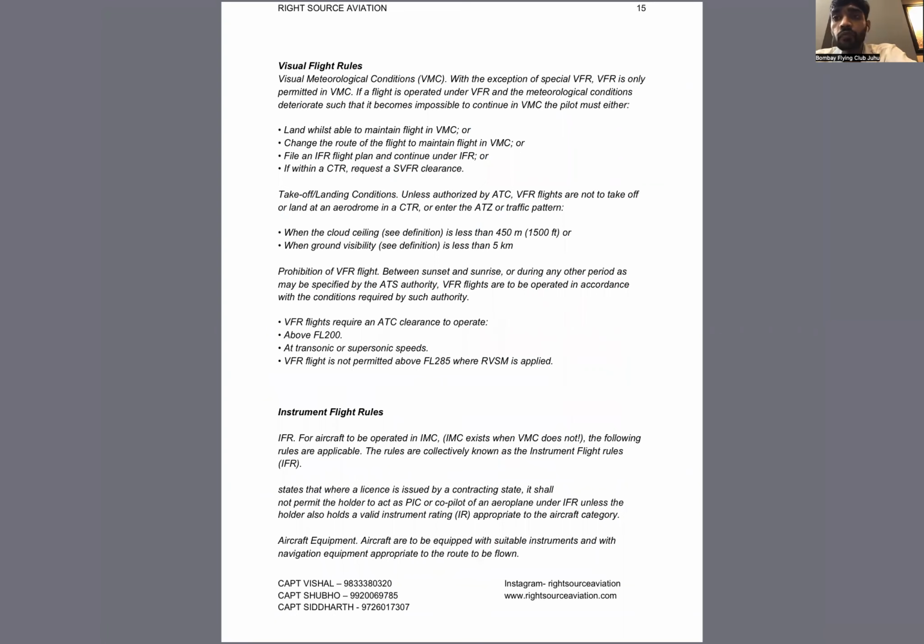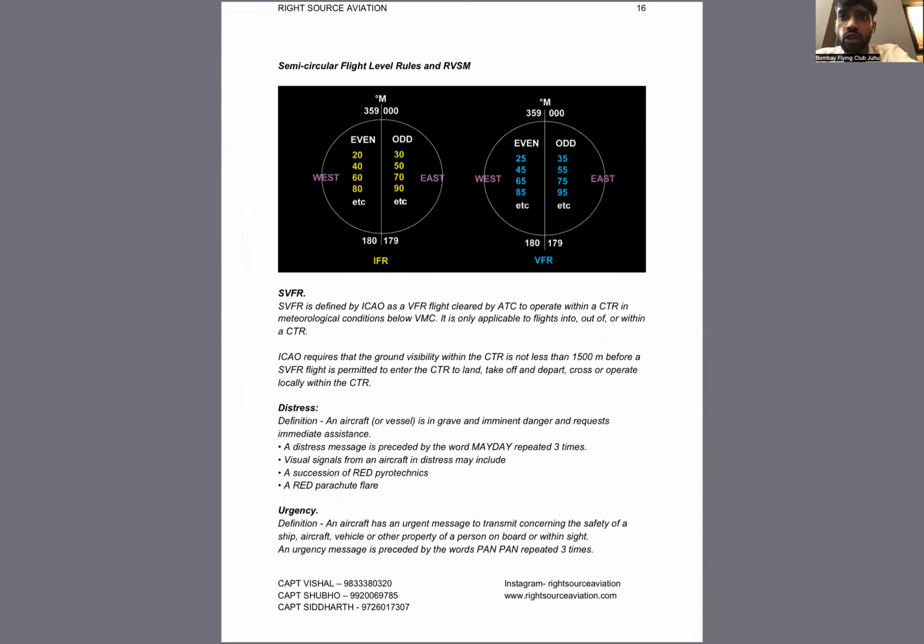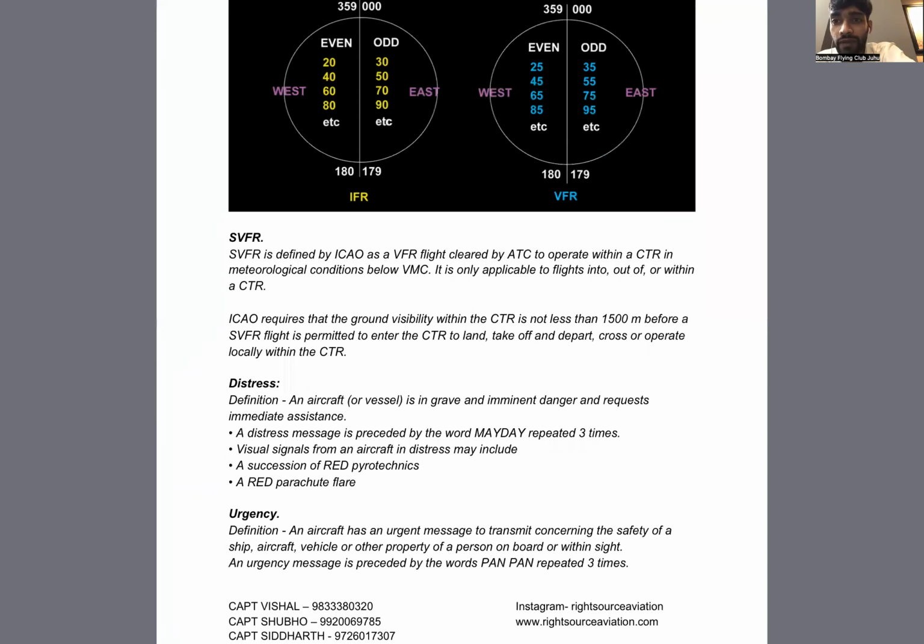Thereafter, another rule was the semicircular rule that we understood. If you are flying on an easterly track, you are going to fly at odd flight levels. If you are flying on westerly tracks, you are going to fly at even flight levels. Thereafter, we understood what is a distress message, what is Mayday, and what is PAN, and the difference.